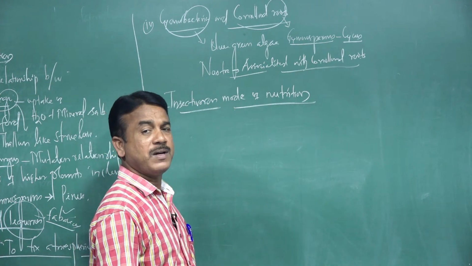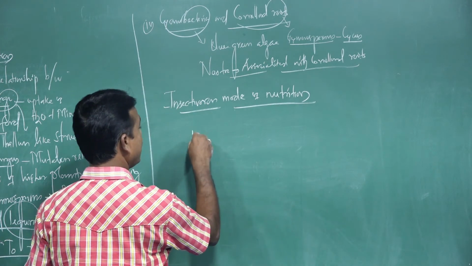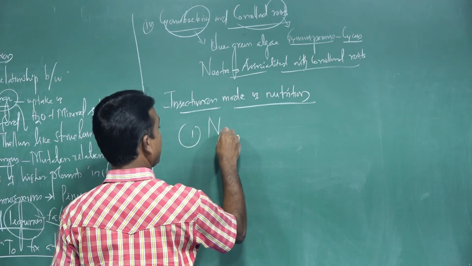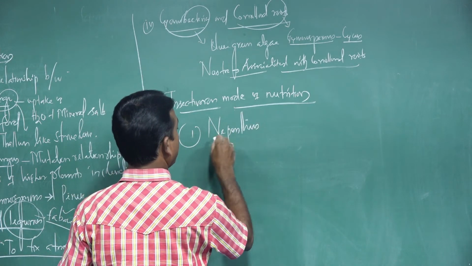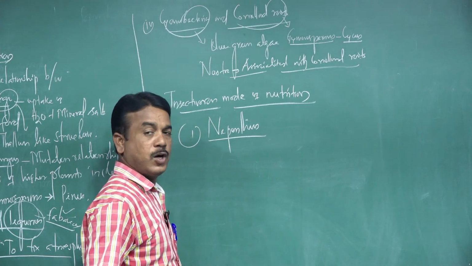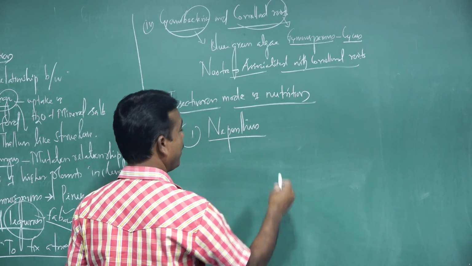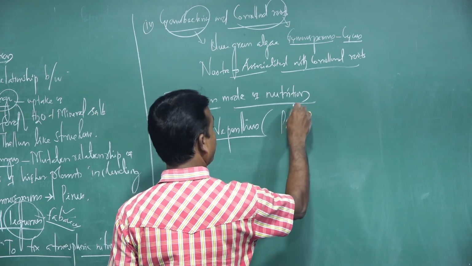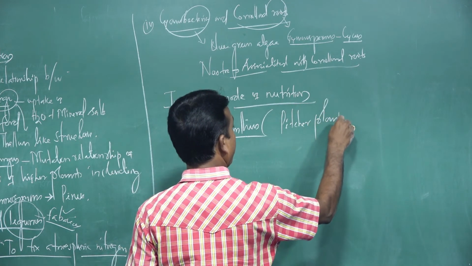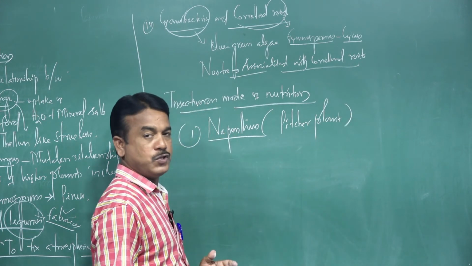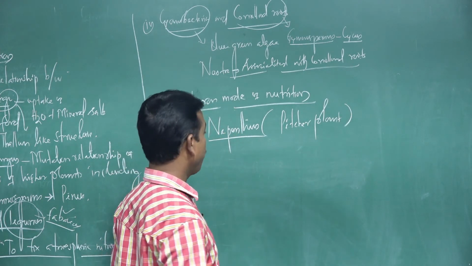Then I will discuss insectivorous plants. The first one is commonly called Nepenthes. Nepenthes is a pitcher plant. The pitcher looks like a jar-like structure.